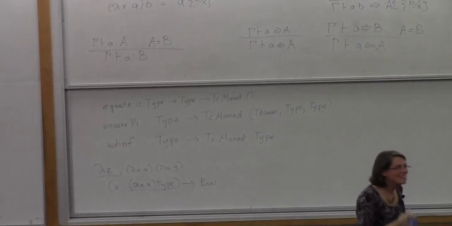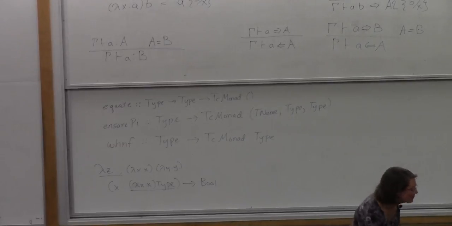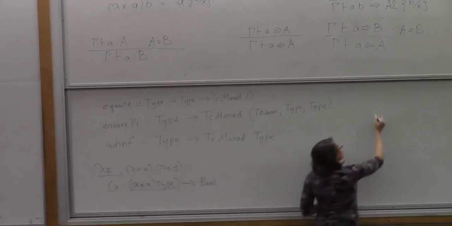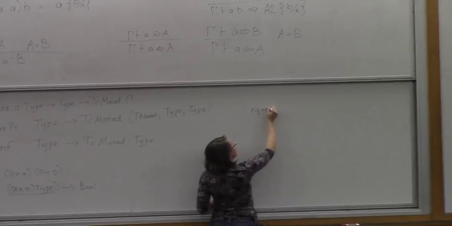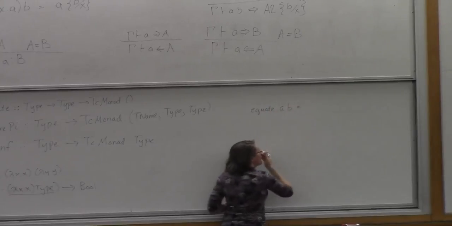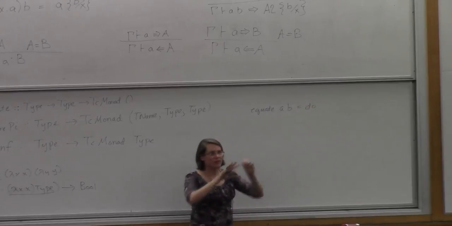Yeah? Okay. So here's a very simple implementation. That's his implementation. We have equate, and we want to equate A and B. So you're saying normal forms.